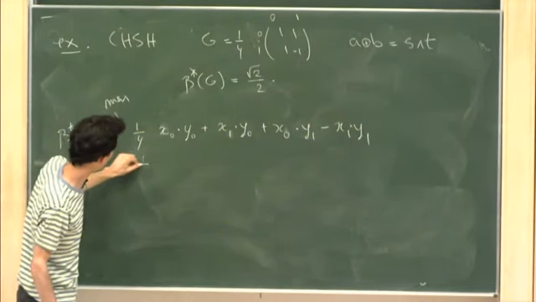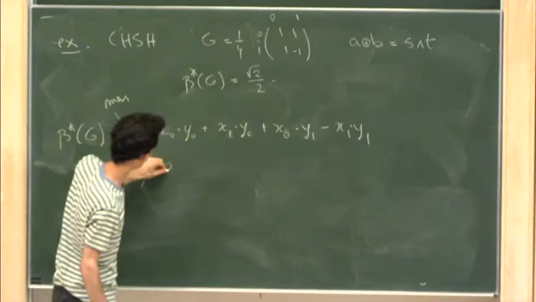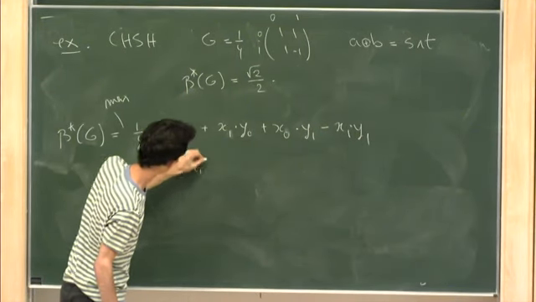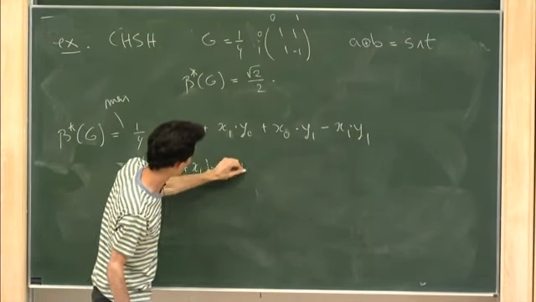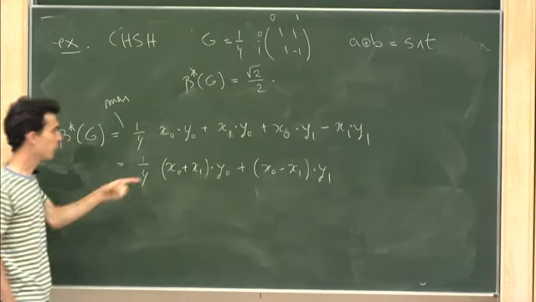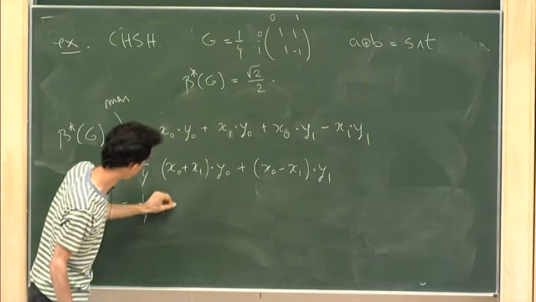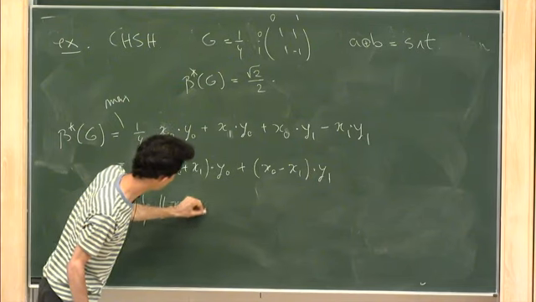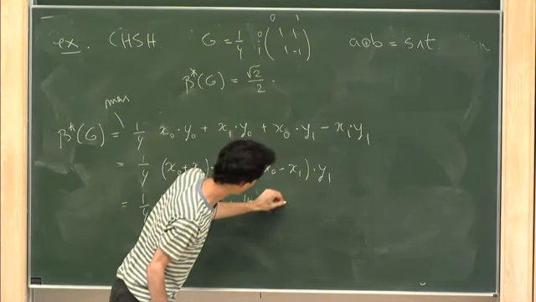And then I get a quarter, and we can rewrite this as x0 plus x1 dot y0 plus x0 minus x1 dot y1. And if we make the optimal choice of y0 and y1, what we'll get is a quarter times the norm of x0 plus x1 plus the norm of x0 minus x1.